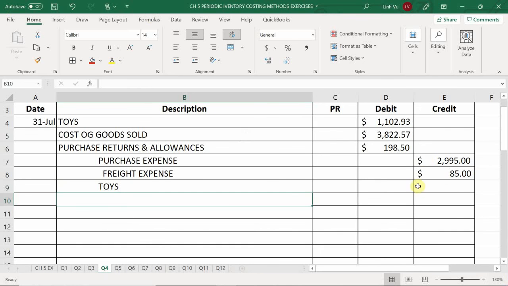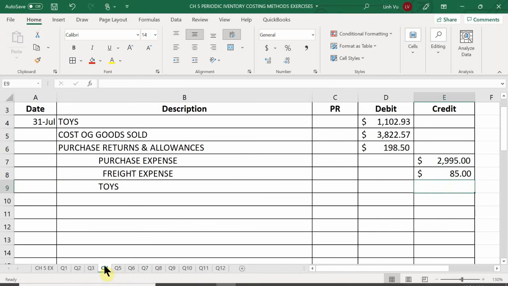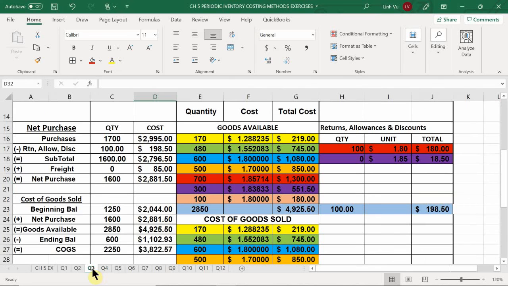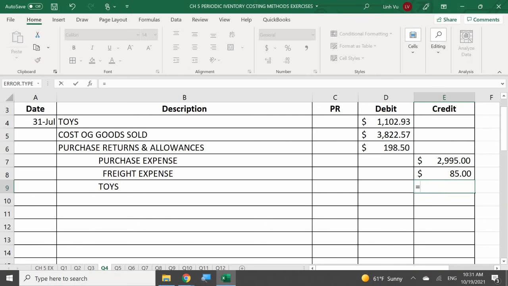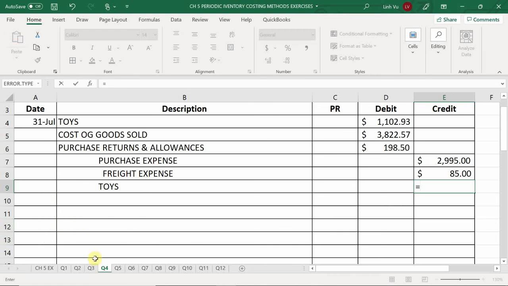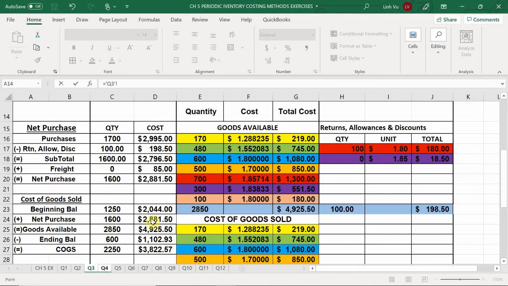So in this case, what was my beginning inventory? 2,044. I think I didn't press enter or equal. 2044. Okay.